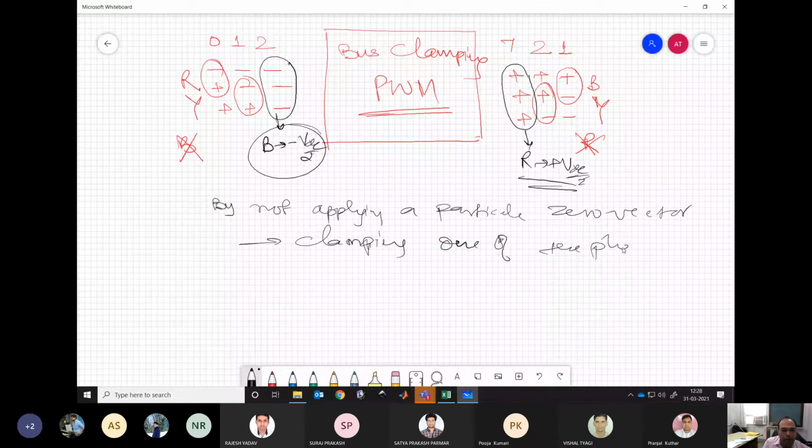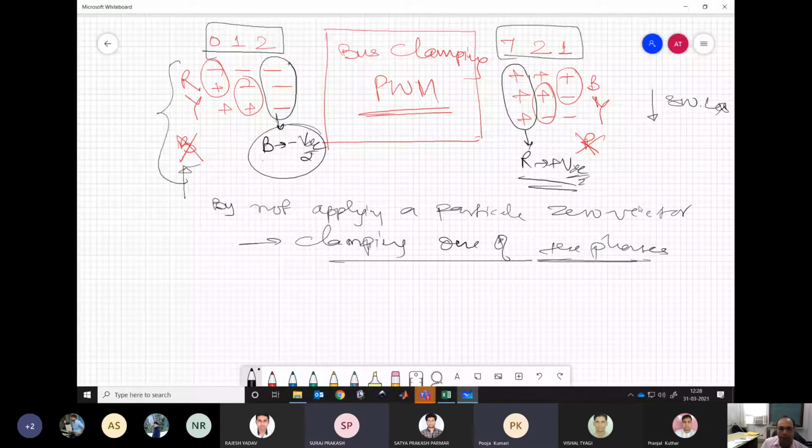So here what has happened when our B is clamped, which means our switching loss has reduced because B is not switching here in this sequence at all. And R is not switching here for this particular sequence. So some switching loss is reduced. Correct?